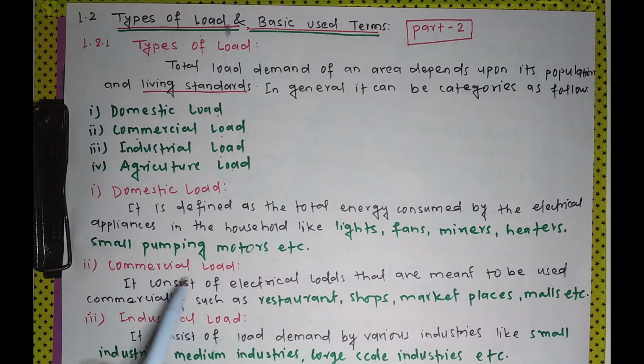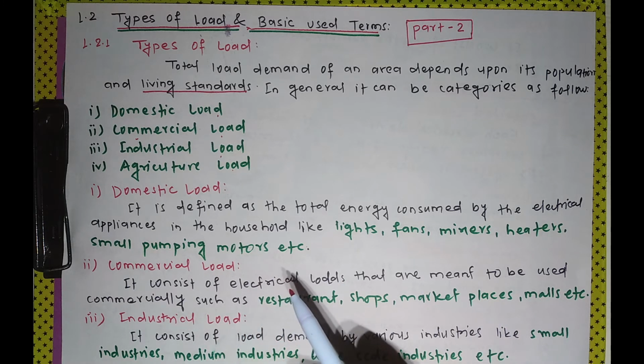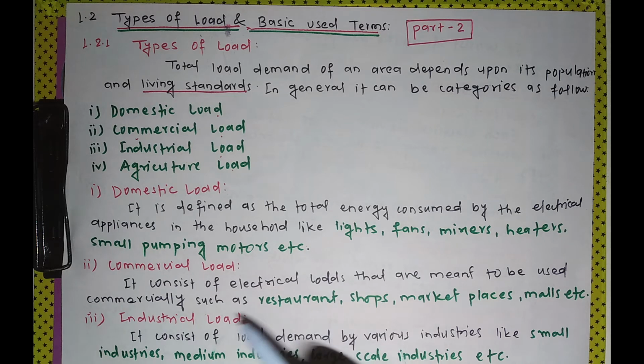Now commercial load. It consists of electrical loads that are meant to be used commercially, such as restaurants, shops, marketplaces, malls, etc. The loads that are used for the purpose of economy or money, or commercially, are known as commercial load.